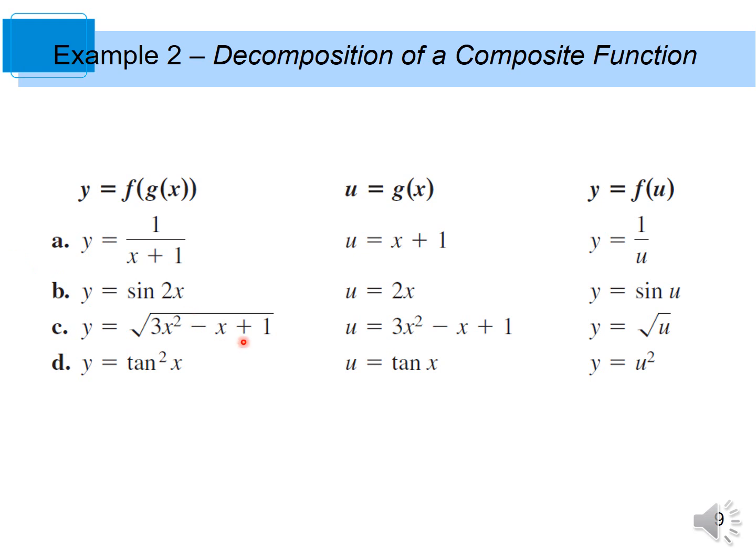So now look at this example. Look at here, A, B, C, D. The functions here are composite functions, y equal to f(g(x)). Now, look at how we split the inner function. For A, we can say x plus 1 is the inner function.